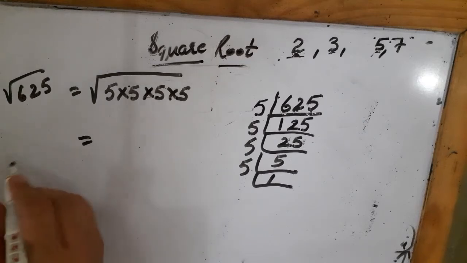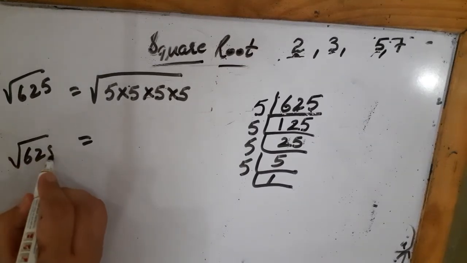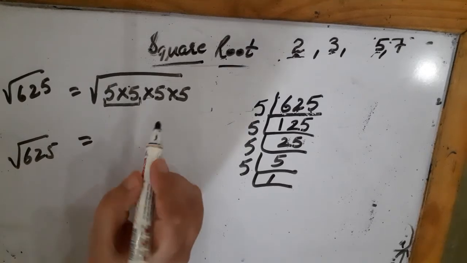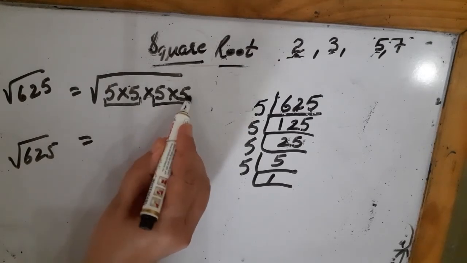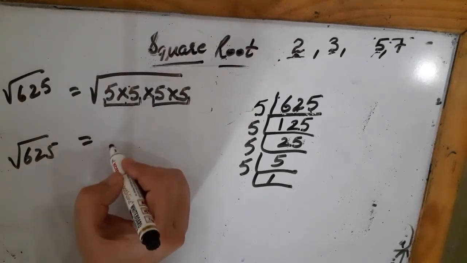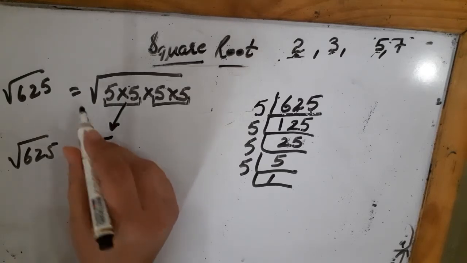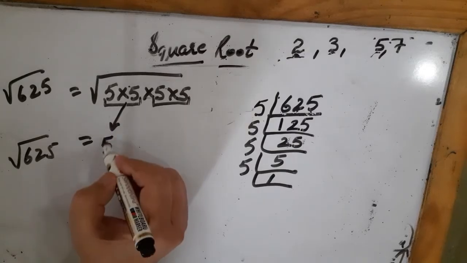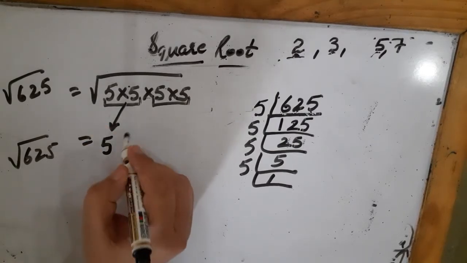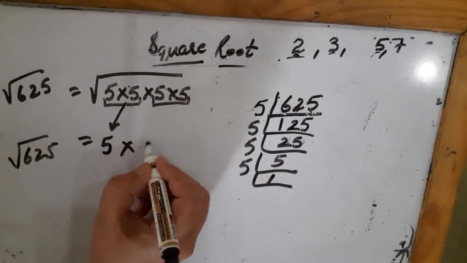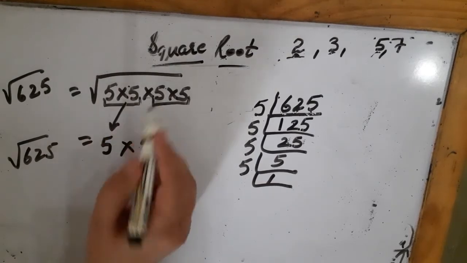Now what did I tell you about how you can take out the square root? This 5 makes a pair with this 5, and this 5 makes a pair with this 5. From every pair I can take out one number from the radical sign. So I can take out 5 from the radical sign, and from this pair also I can take out 5.